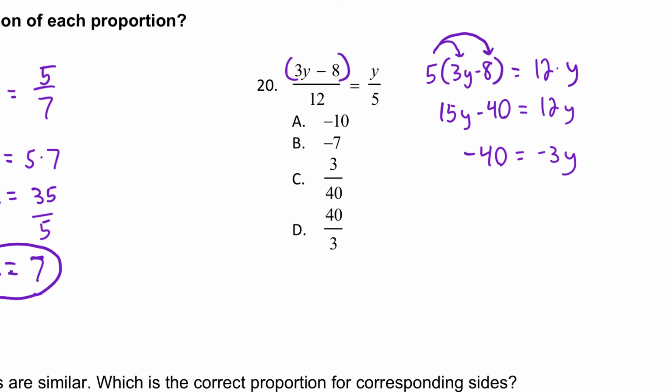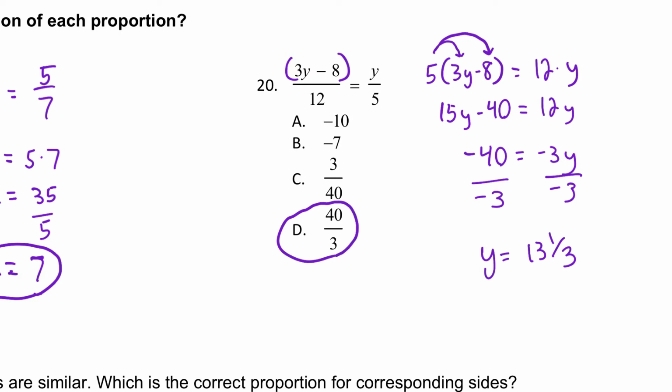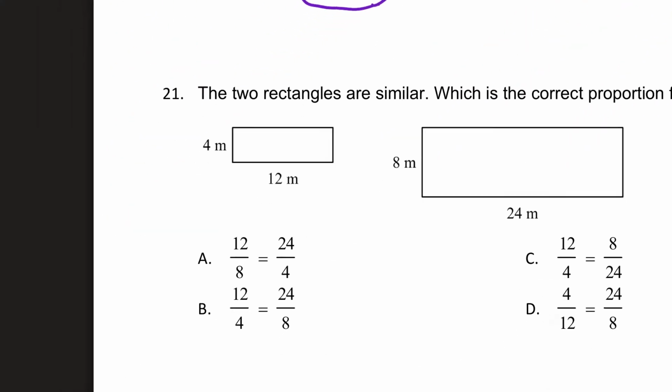And if we divide both sides by negative 3, we'll end up with y equals 13 and a third. Which, if we kept it as an improper fraction, would be 40 over 3. Moving on, 21.